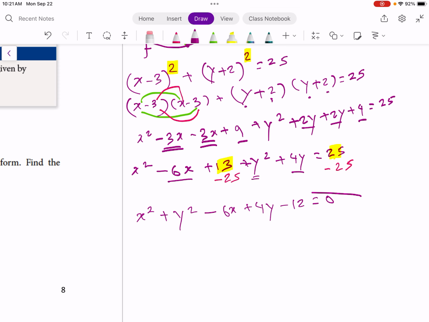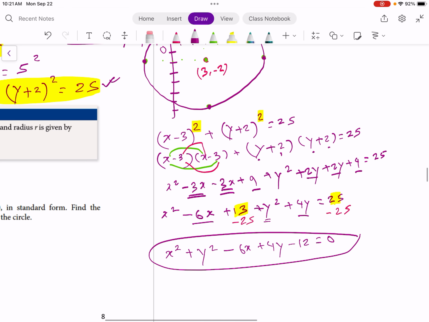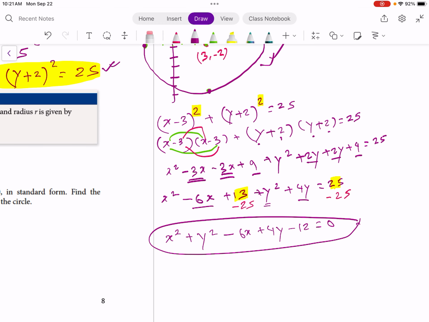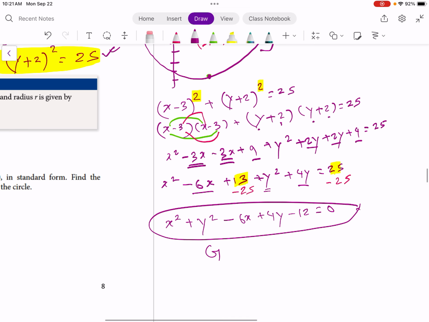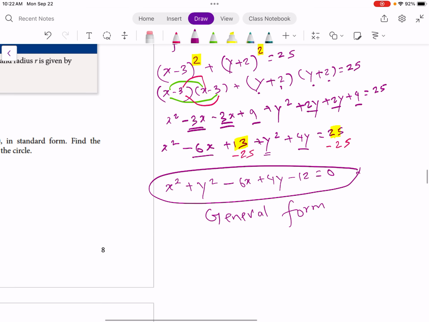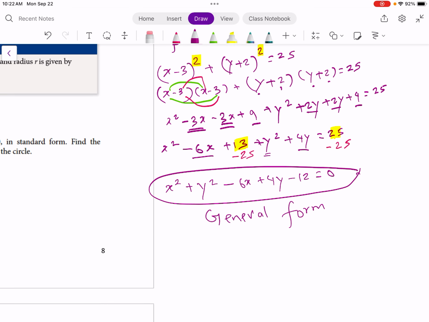So this is also the equation of the same circle, and we call this equation the general form. We started with the standard form.